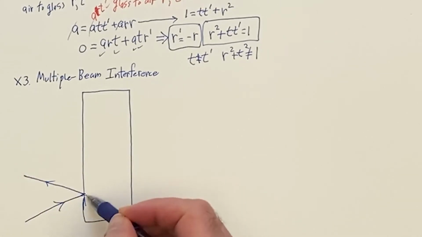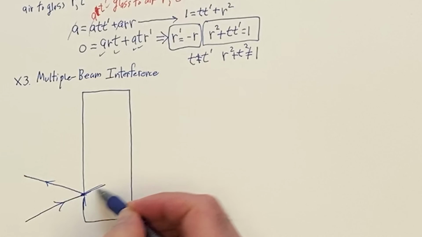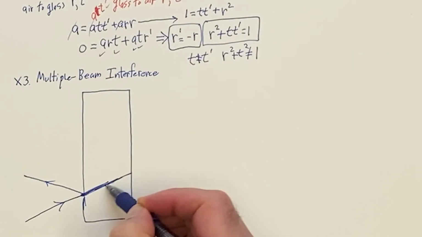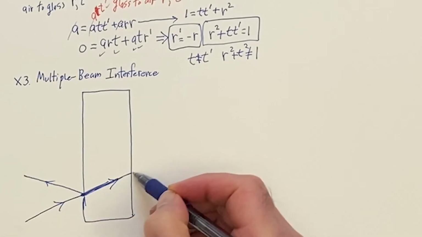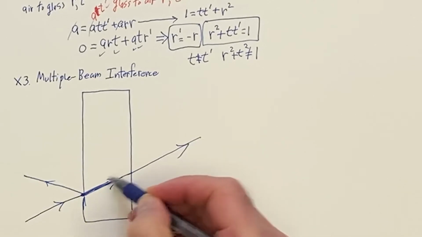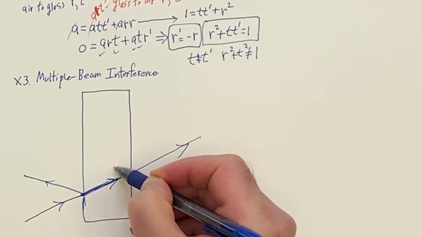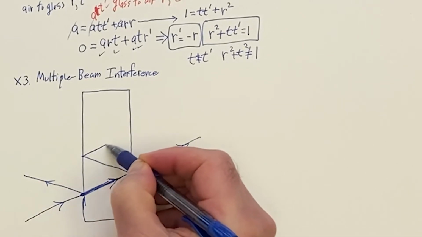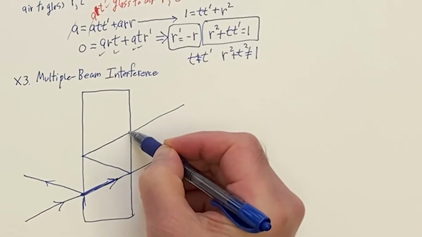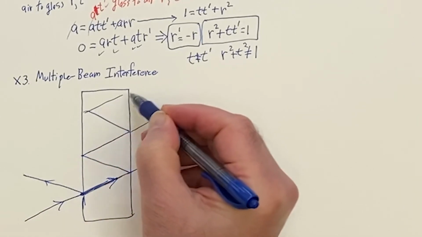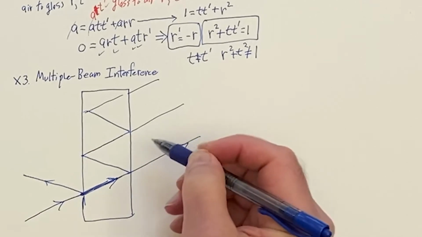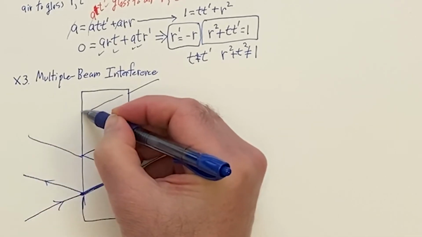Now I'm not going to do any refraction here, because we're going to be looking at small angles anyway, so let's just go ahead and draw that like this, go in like this, and that'll continue through like that, and this will then bounce back like this. And this will continue on like that.